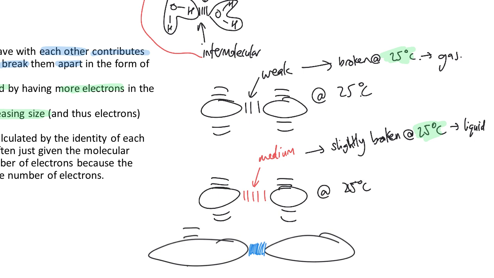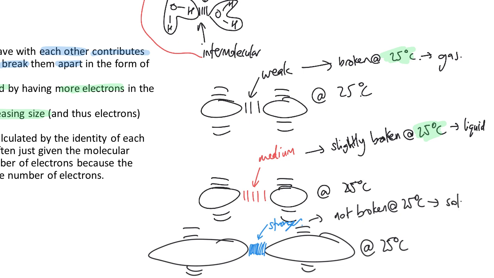So even if it's vibrating at the same temperature, at 25 degrees Celsius, this stronger bond at least means it's not broken at 25 degrees Celsius, which means it can be a solid. Okay, so at the same temperature, the strength of the bond determines the state because it's holding it all together.